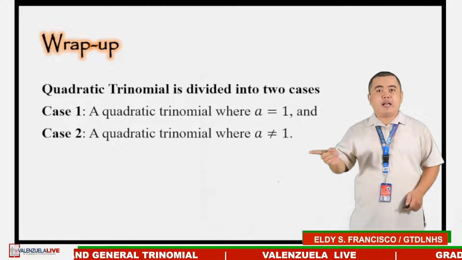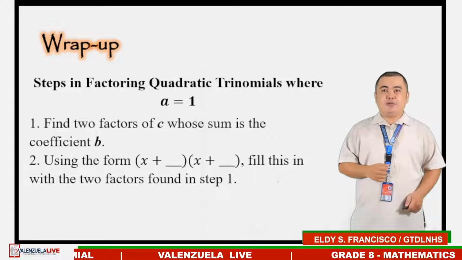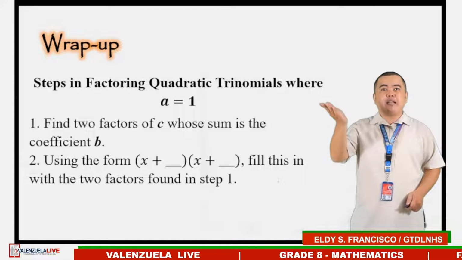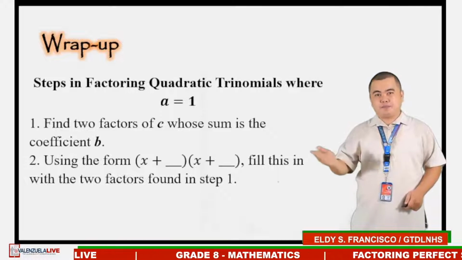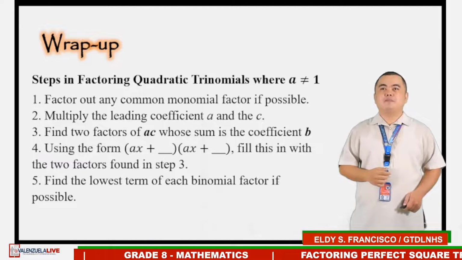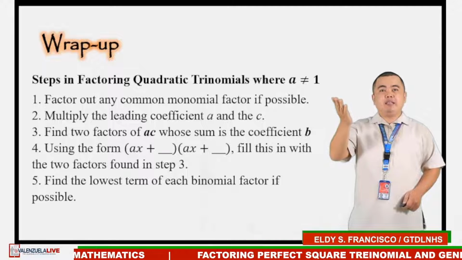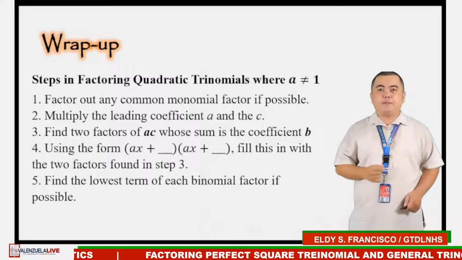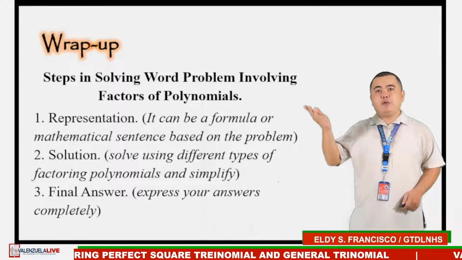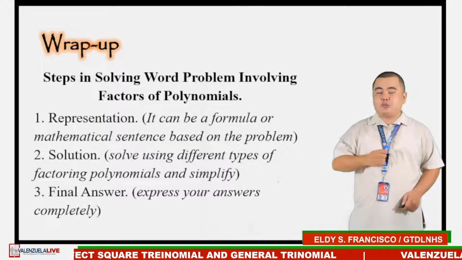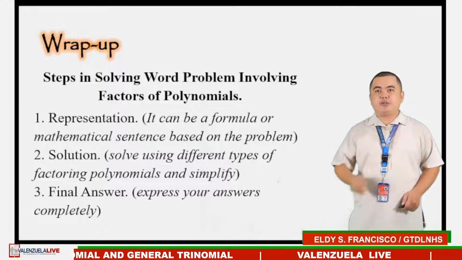And case 2, a quadratic trinomial where a is not equal to 1. And we also have steps in factoring quadratic trinomials where a is equal to 1. You also have steps in factoring quadratic trinomials where a is not equal to 1. And we have steps in solving word problems involving factors of polynomials: representation, solution, and final answer.